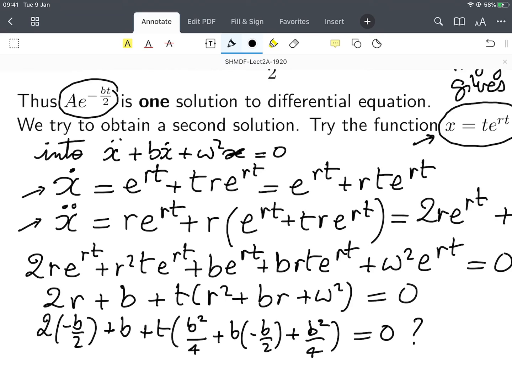Is this equal to 0? Yes. That's 0. And then here, I can see the middle term is minus b squared over 2, and then I have b squared over 4 plus b squared over 4. That's also 0.